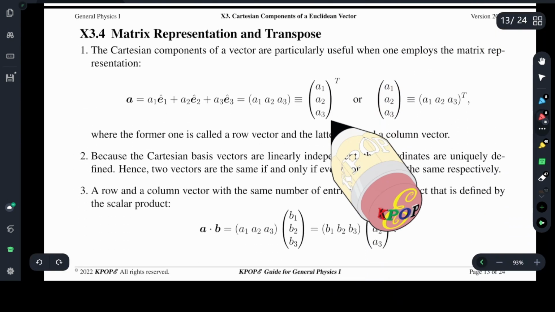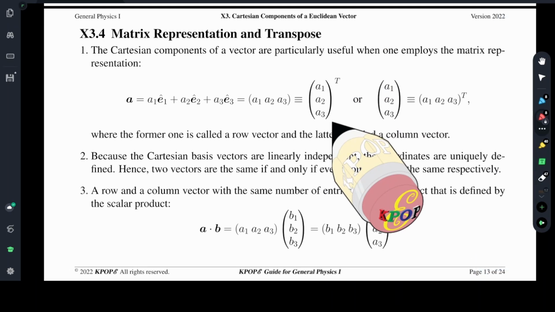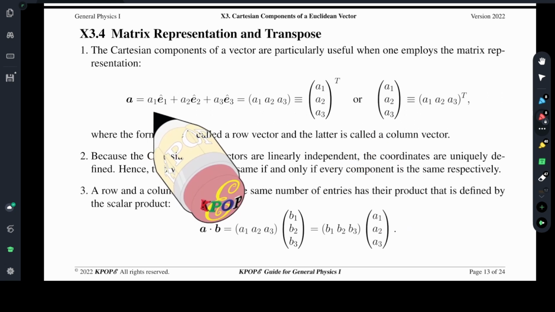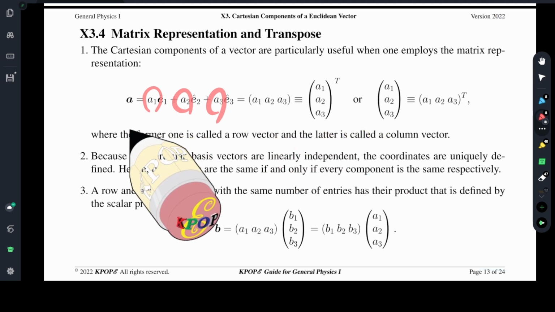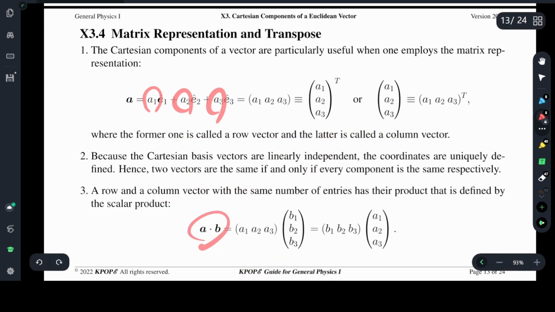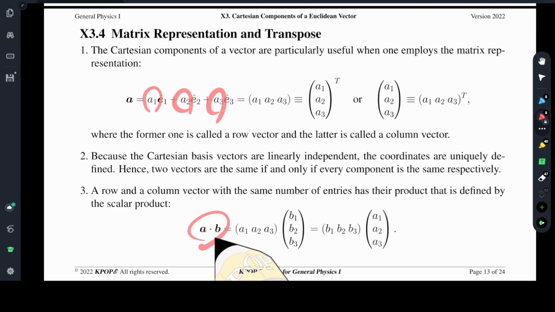Now we consider matrix representation and transpose. This is just a straightforward application of the Cartesian coordinate system. So it is very convenient to write the components only, though we expressed vectors in the Cartesian coordinates.